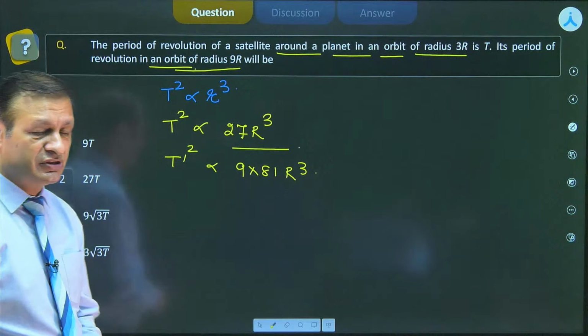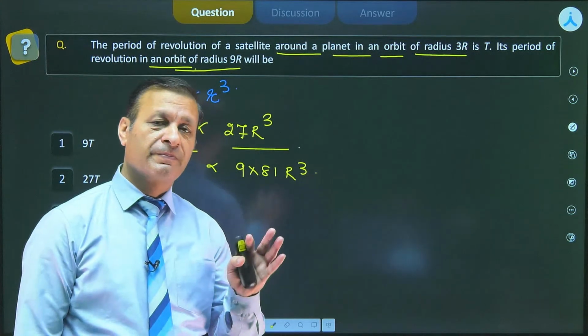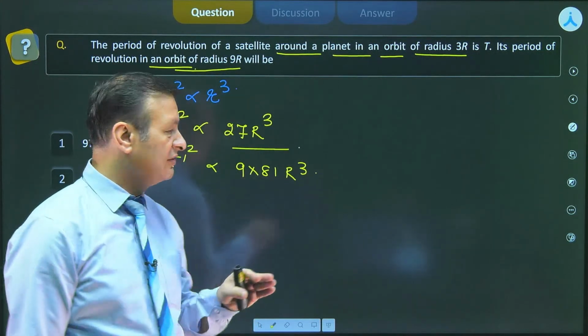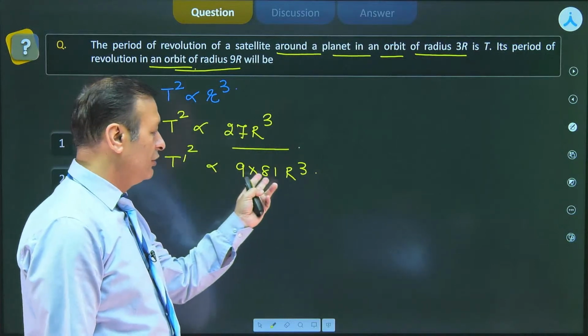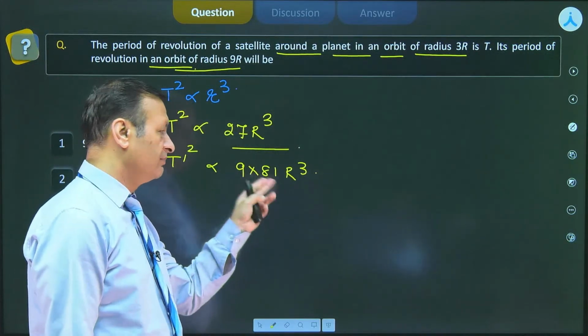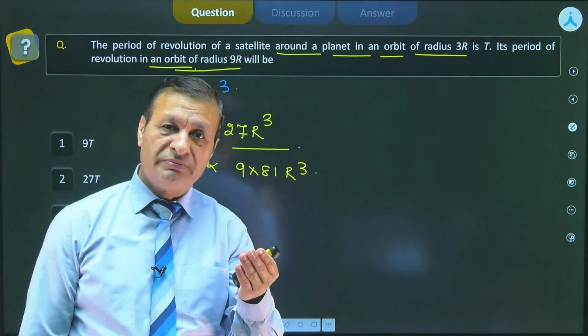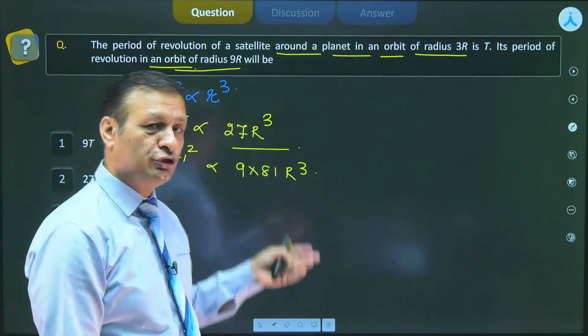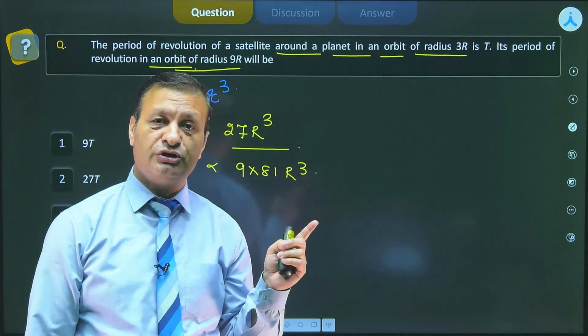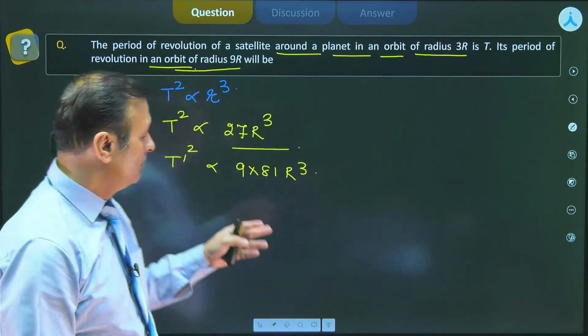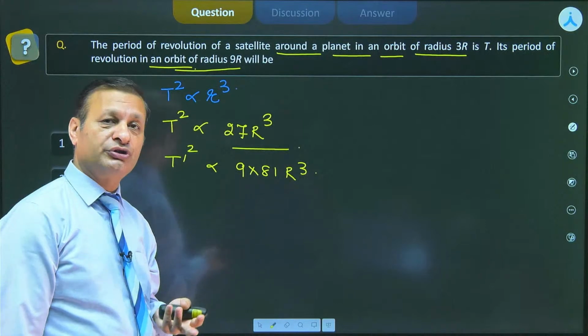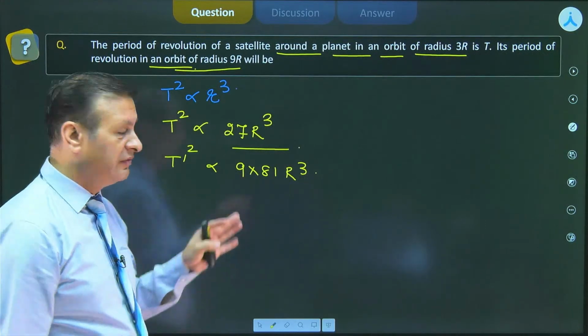Sometimes you have to be very smart when you answer this, because when you multiply this out, the multiplication will consume time, and finally when you have to take the ratio for all these questions, you will be lost in your calculation. So be sensible when you attempt.